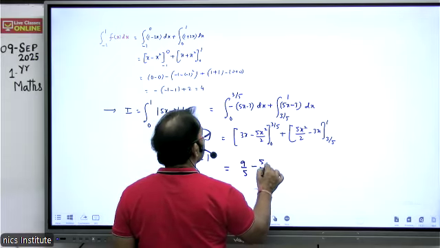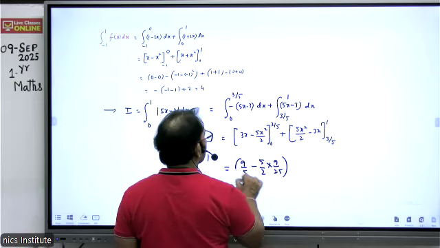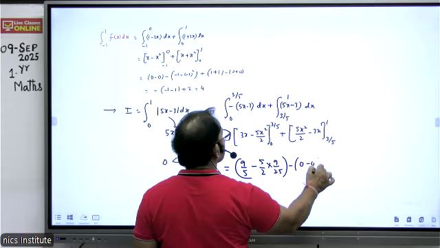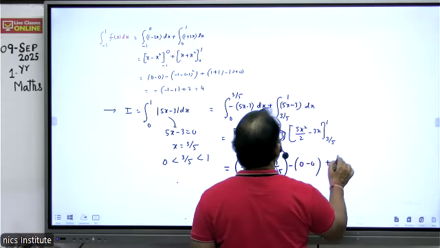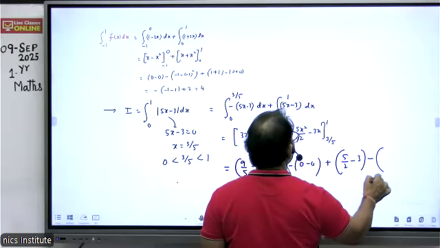What's the upper limit? Lower limit would be 0. Then upper limit minus lower limit.